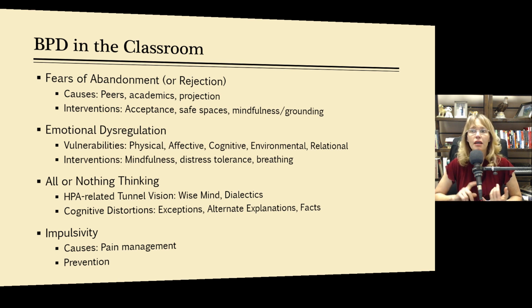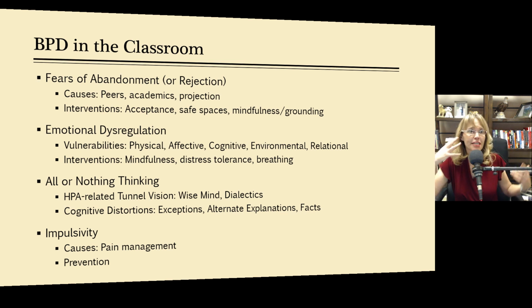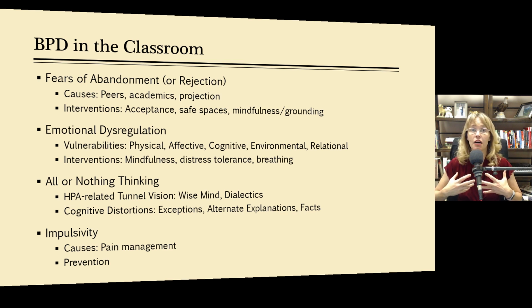Create safe spaces. This is somewhere where a person with borderline personality or who's dysregulating can go, where they don't have any more input, where they don't have eyes peering at them because they are crying hysterically or they're really angry. Where can they go to get back into their wise mind, to re-regulate, to urge surf until they can get into their wise mind?